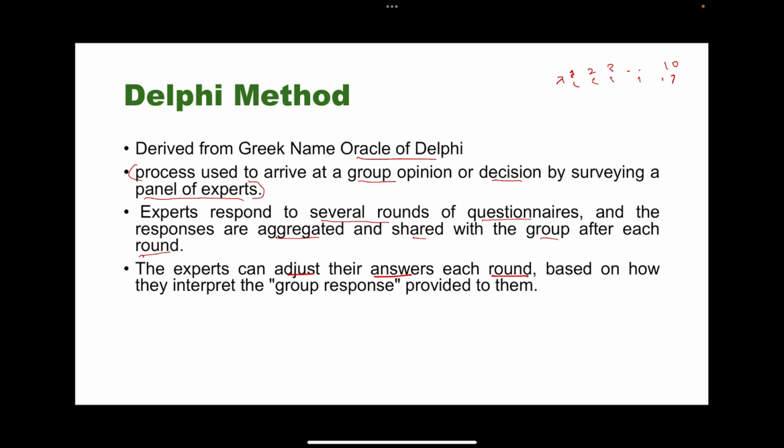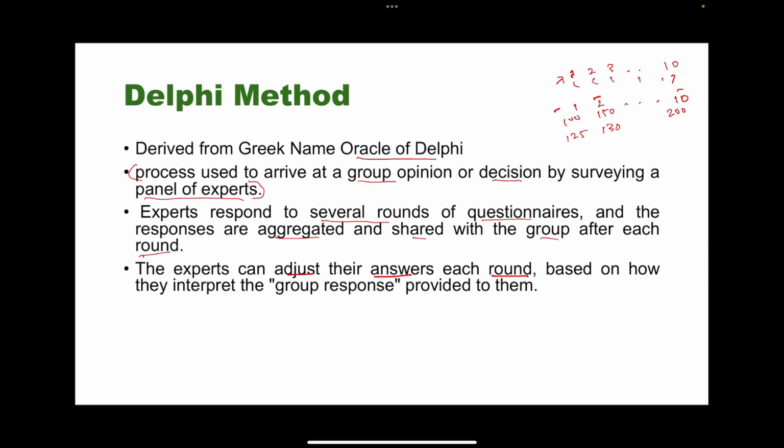So suppose this one predicted 100, just some random numbers, this one 150, like that, up to maybe 200, etc. These are all combined together, and then this information is shared with them, and then they can make some adjustments. Sometimes one may adjust to 125, this one to 130, etc. They can adjust the forecast.